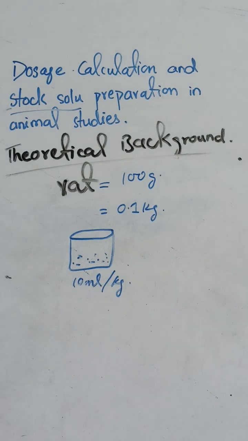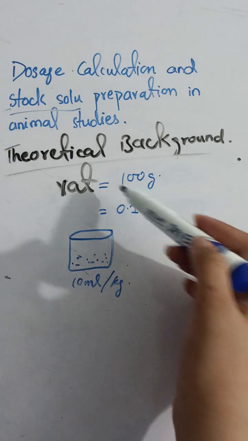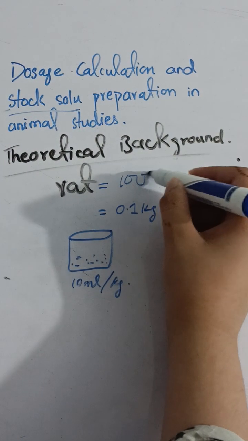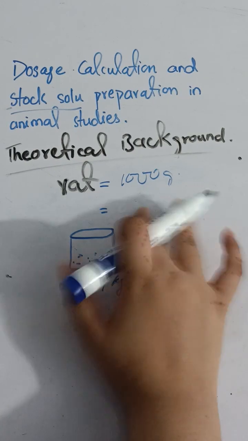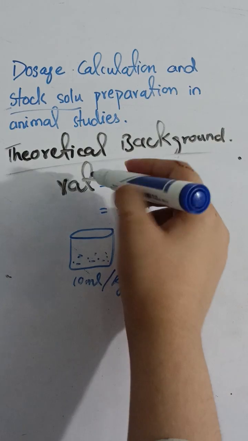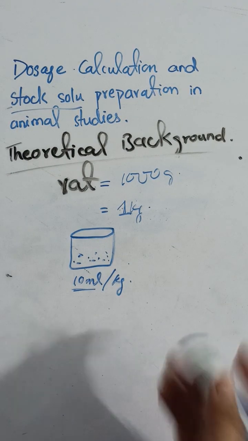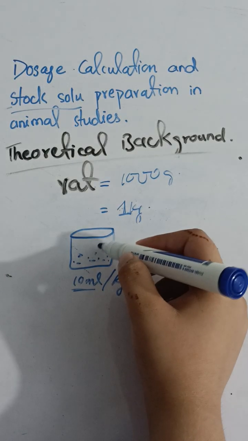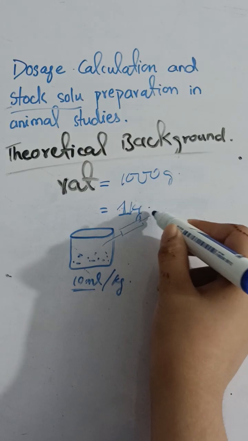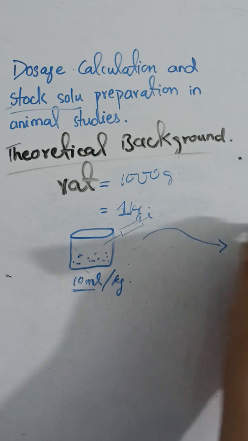For 1 kg of animal weight, let's consider this rat weight is 1000 gram, which is 1 kg. For a 1 kg animal we will inject 10 ml of this drug. So we will take this 10 ml of our solution in the injection, and I will inject it into my rat.